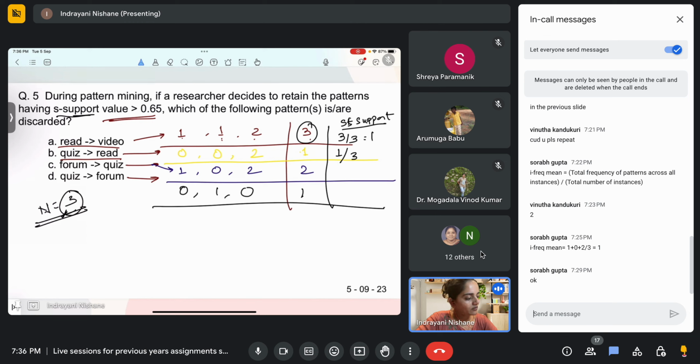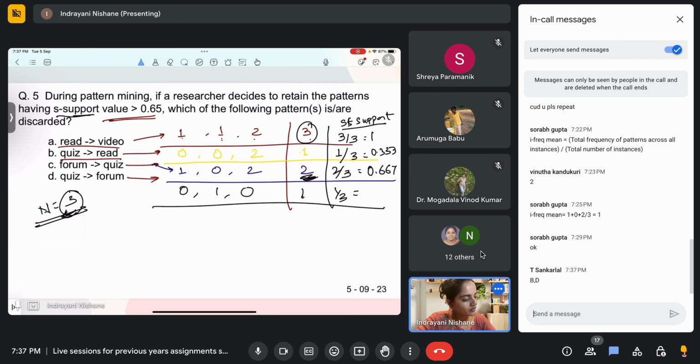So 1 by 3 is 0.33. This is 2 by 3, because 2 comes from here and 3 comes from here, so 0.67. This is 1 student, so 1 by 3 becomes 0.33 again.